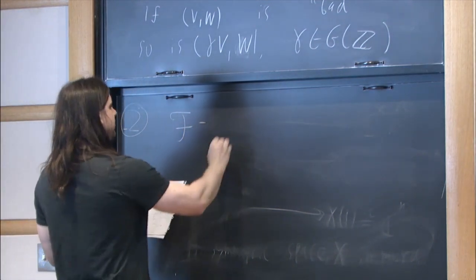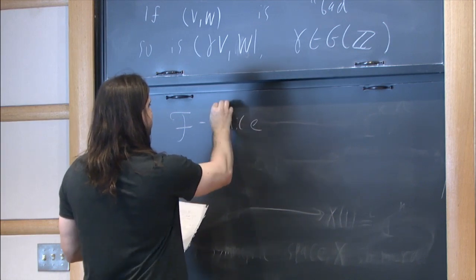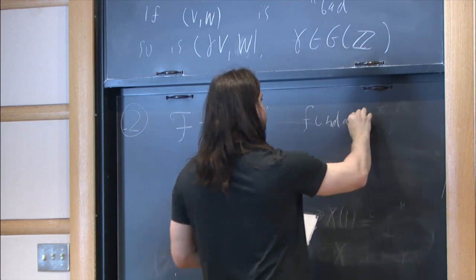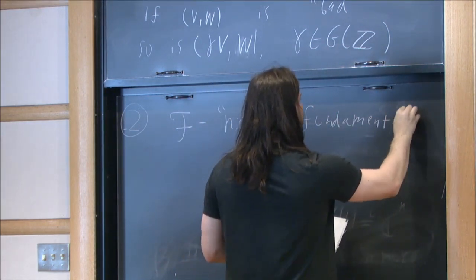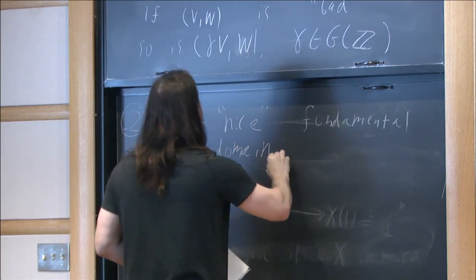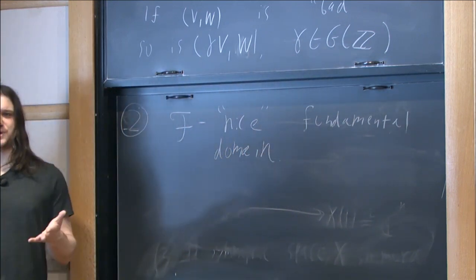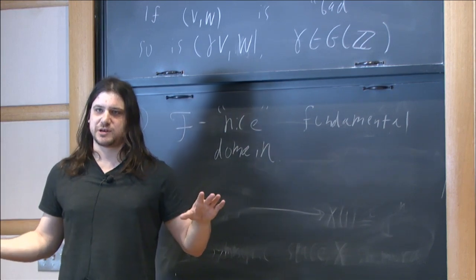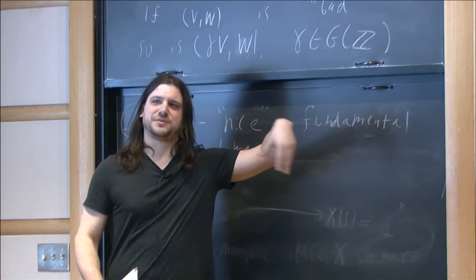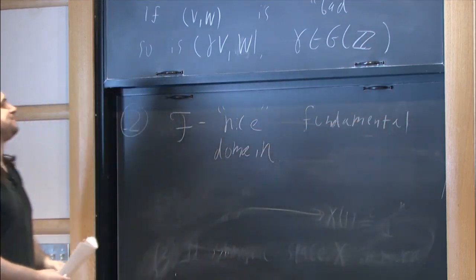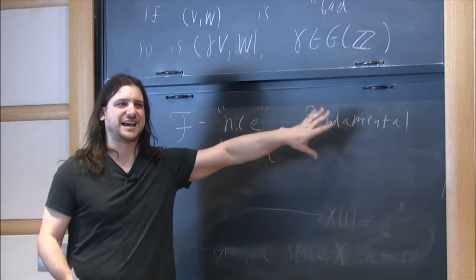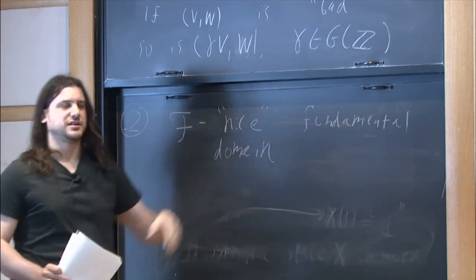You can take F to be a nice fundamental domain. So in the case of the exponential map, you just take a horizontal strip, the way we've set it up, to the power of n. In the case of Shimura varieties, you take something built out of Siegel sets. And we're going to call this a nice fundamental domain. It's fairly robust, actually, so the exact form of F isn't important.